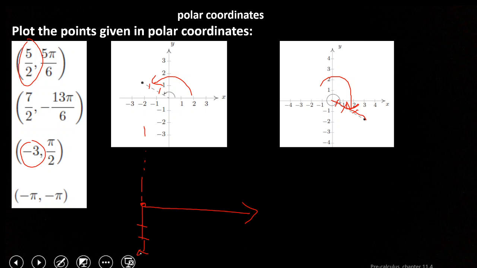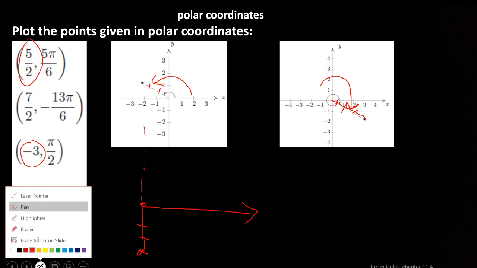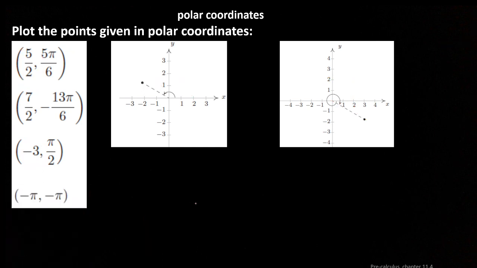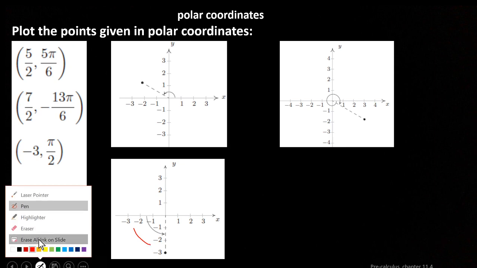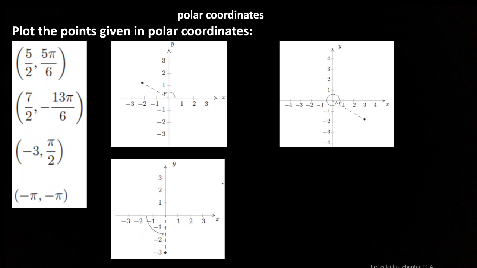So that would be the point right there, right? So that's how we do it. Now, if you do it with the other method, you make the r first negative and then go this way, pi over 2, which is a little confusing. So that method is not my preferred method.